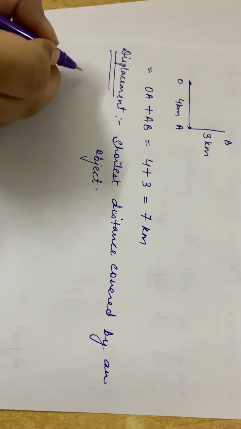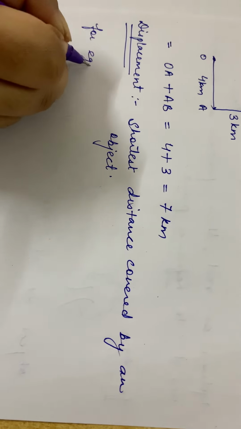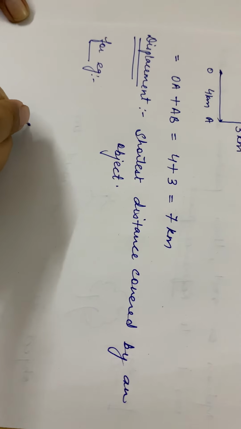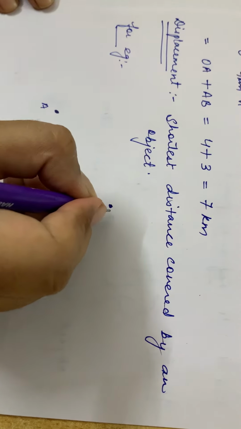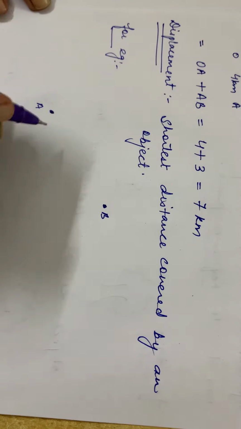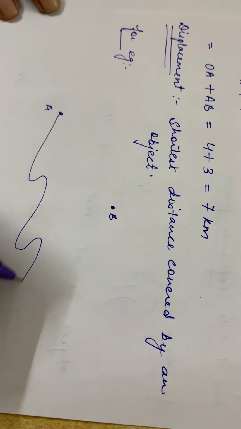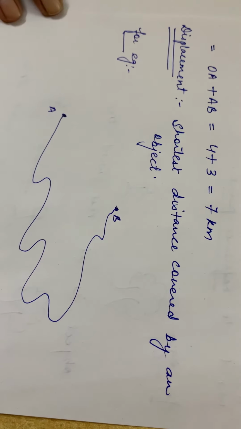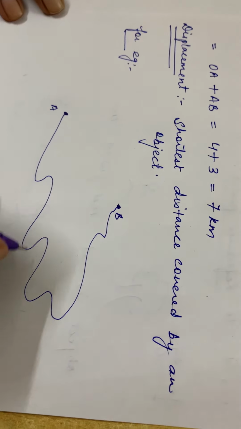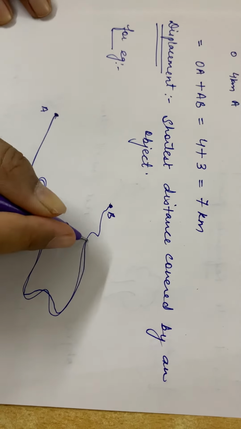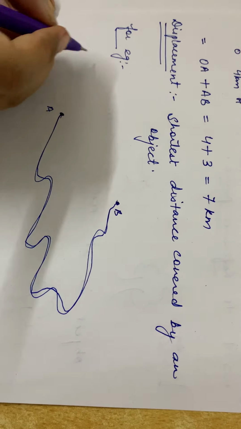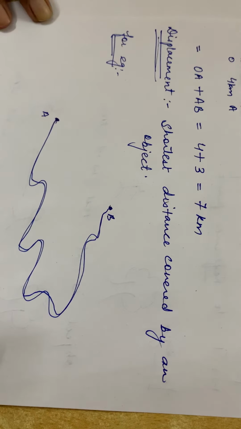To understand this, let us take an example. Suppose here there is an object A and a shop is here. I name that point as B. Now we can move from here to there and then to position B. This is the actual distance, you can say actual path covered by an object. But displacement is the shortest distance.